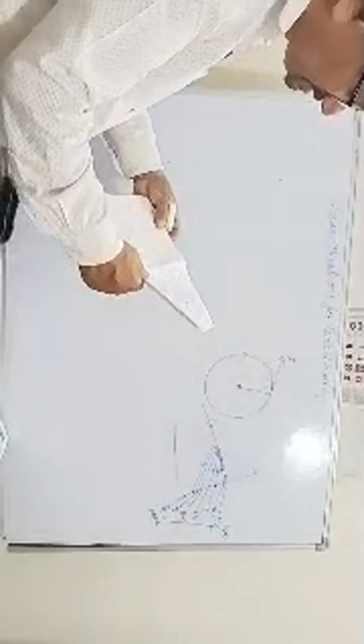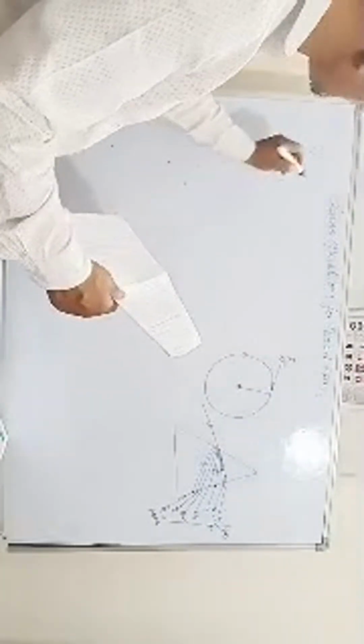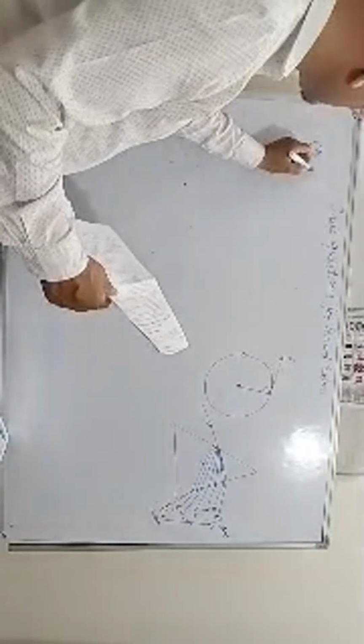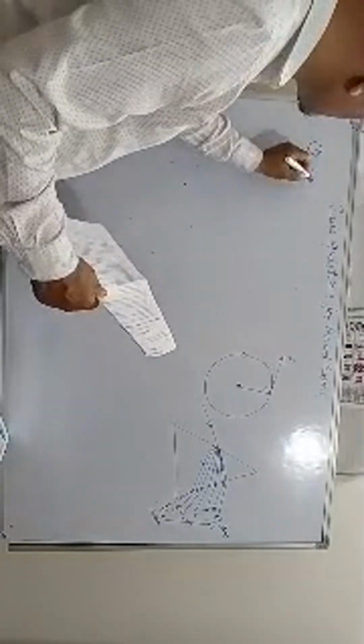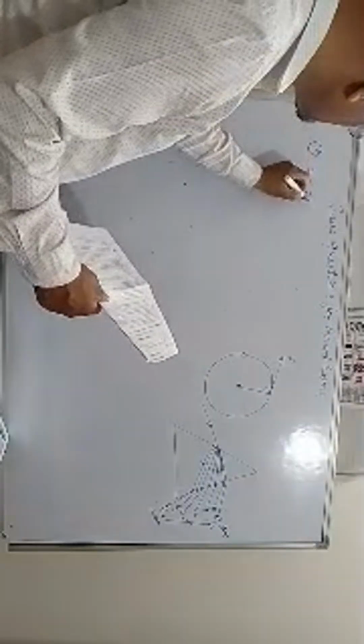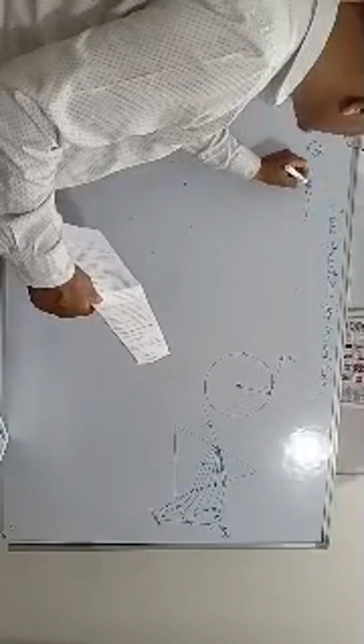Now this is a very important question on a convex lens and its focal length. The focal length of the convex lens is given as 20 centimeter, which will be positive.